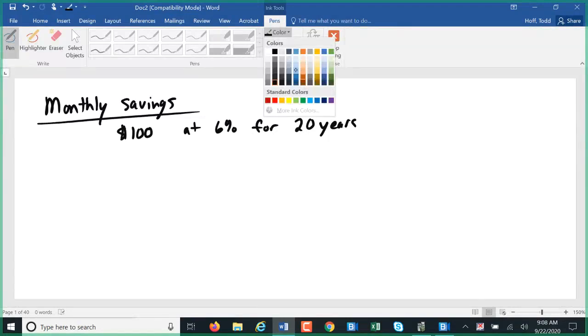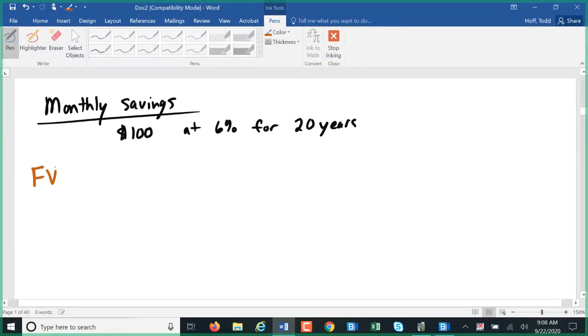Well, the formula is that future value is equal to your payment amount that you're paying in times, now I'm writing this formula in the form of what you would enter it in the calculator. So yes, there are 3 parentheses there. 1 plus our rate divided by n.